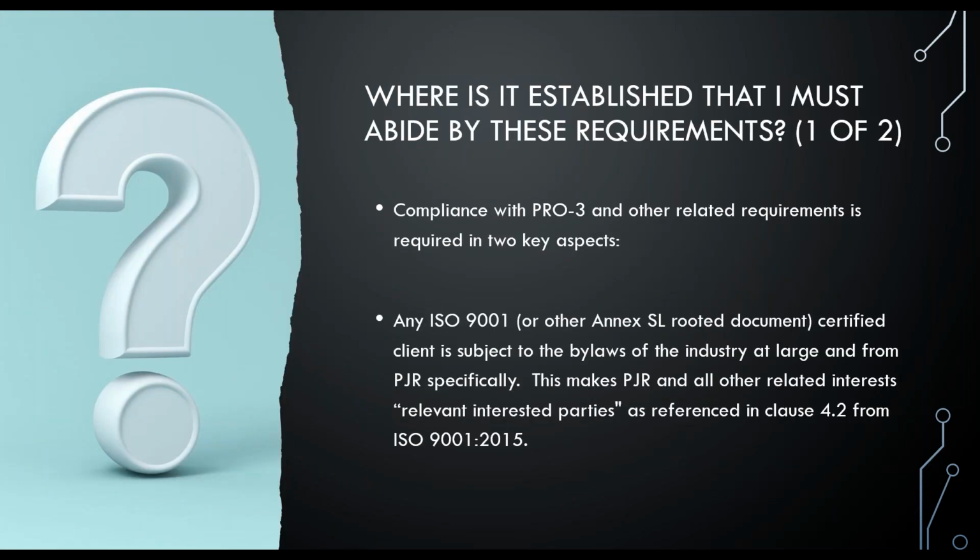Now, in terms of where it is established that you have to abide by the requirements, compliance with Pro-3 and the related requirements is found in two key aspects. First of all, any ISO 9001 or any other Annex SL rooted document, any ISO 9001 certified client is subject to the bylaws of the industry at large and from PJR specifically.